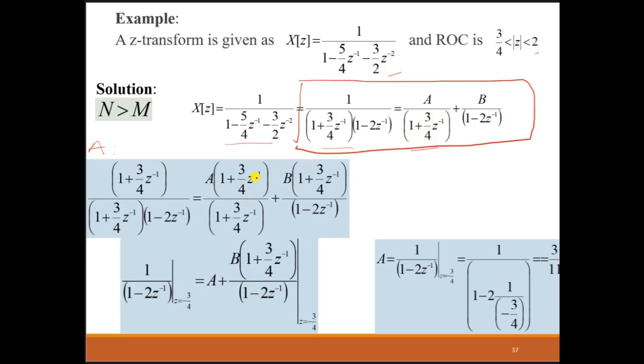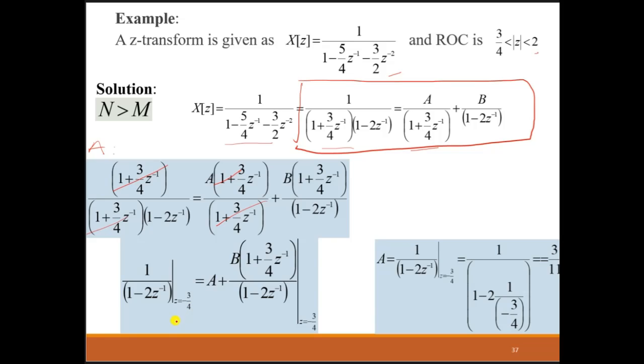Okay, so bila darabkan semua, you can see that this one boleh cross, and then you get persamaan yang ni akhir sekali, and then Z gantikan dengan the poles of the denominator of A ni.